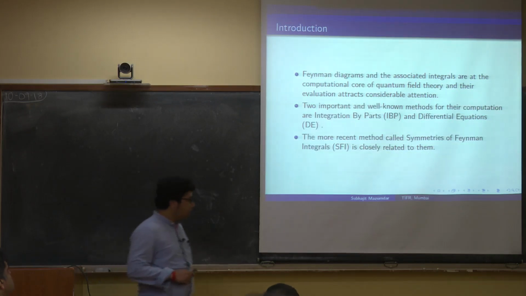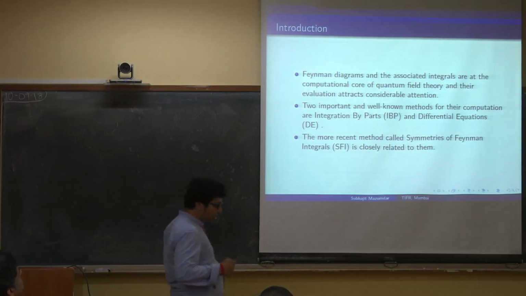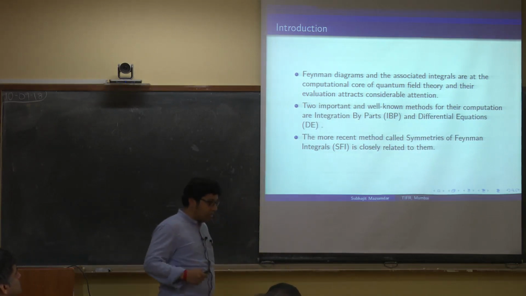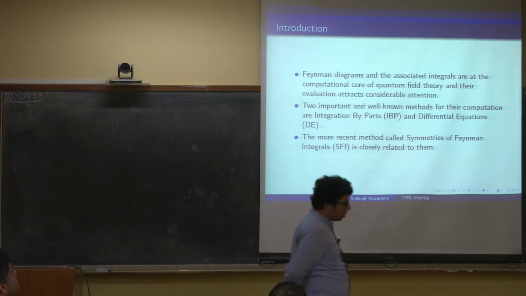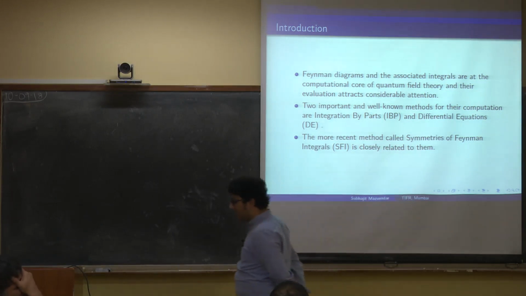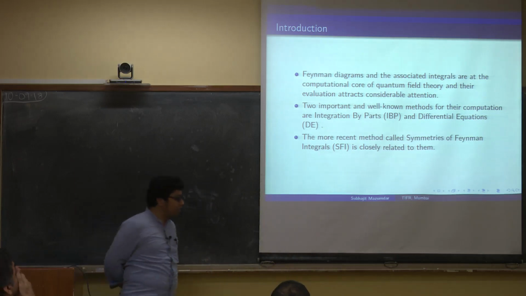So we all know that the Feynman diagrams and the associated integrals are the computational core of quantum field theory, and their evaluation is very important in physics. There are two well-known methods to compute these Feynman integrals, namely the integration by parts method and the differential equation method.